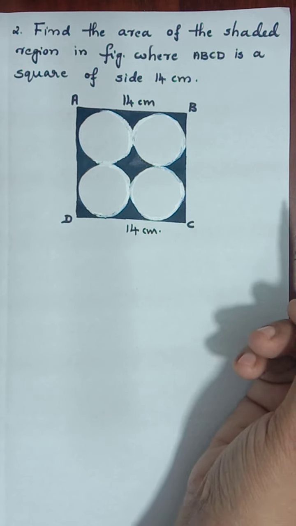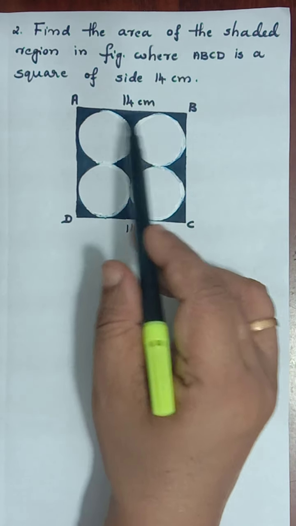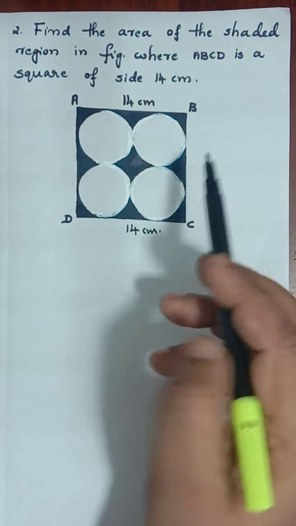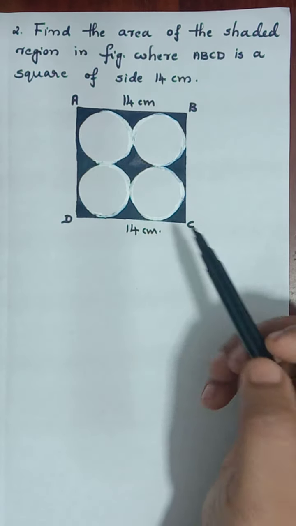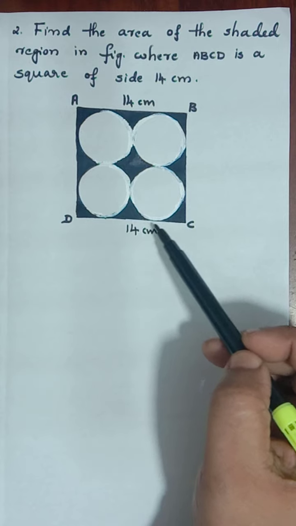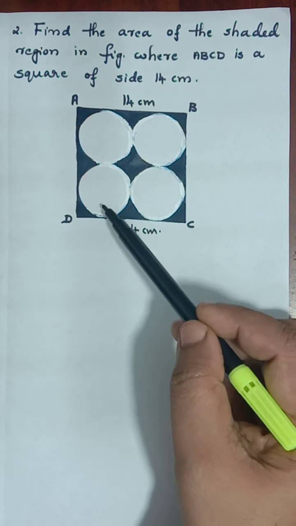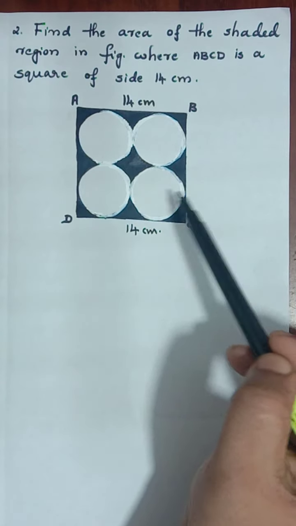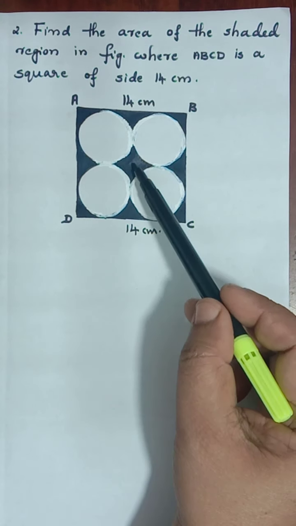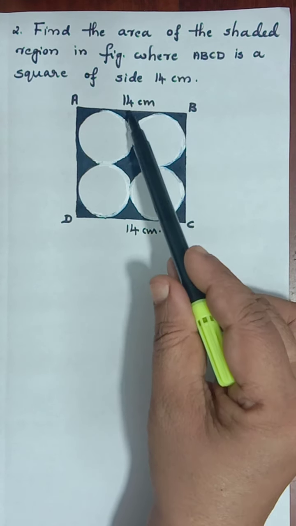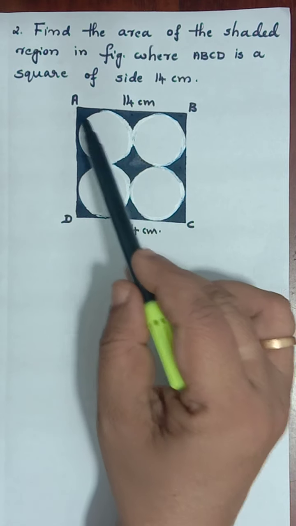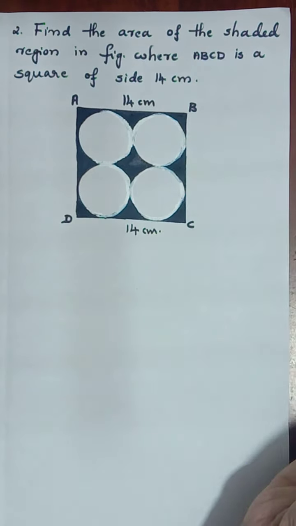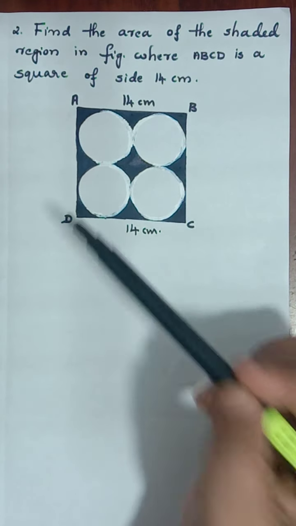Therefore, how to find the shaded area? We will get the shaded area only when we remove the 4 circles, that is when we subtract the area of these 4 circles from the total area, that is the square. Then we will get the area of the shaded portion. This black area is the total area, square area ABCD, minus area of 4 circles.